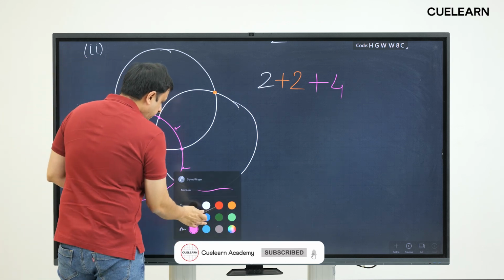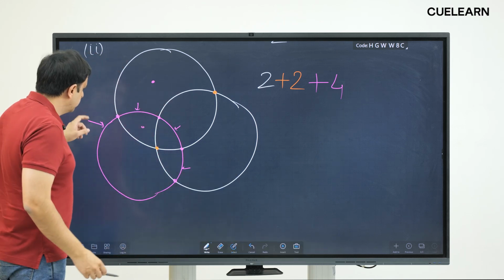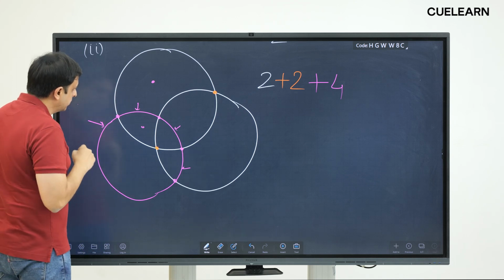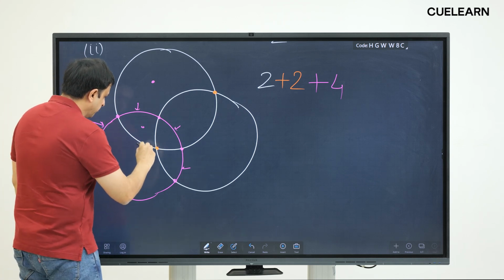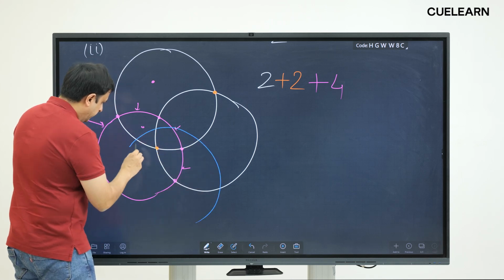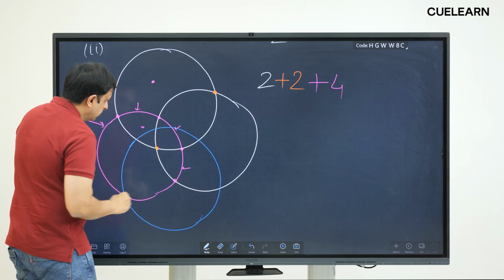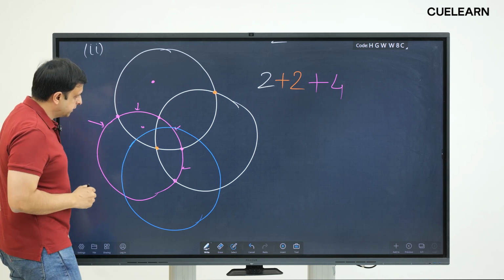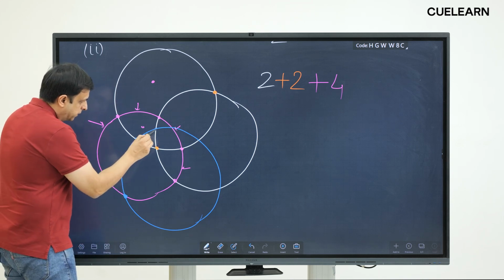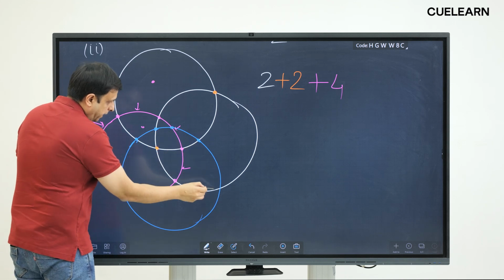And now if you keep going, if you draw the next circle that cuts all 3 of them. So let me try and draw a fourth circle that actually cuts all 3 of them. So I'm going to try and draw it like this. And how many points of intersection do we get in this case? So 1, 2, 3, 4, 5, and 6.